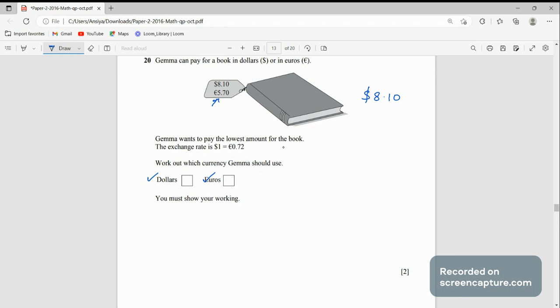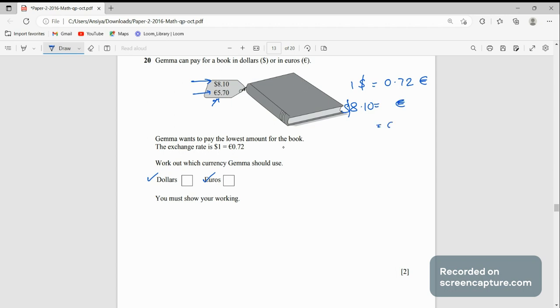Now in euro, how much is it? No. We will convert both to euros. So the second one is already given in euros. We will find out what is the first one. $1 equal to 0.72 euro. So $8.10 equal to how much euros?